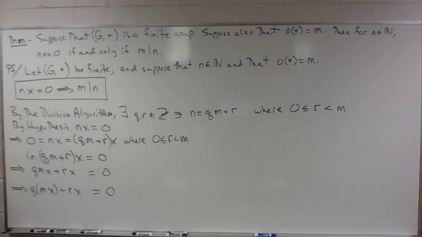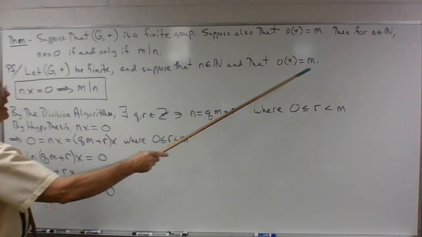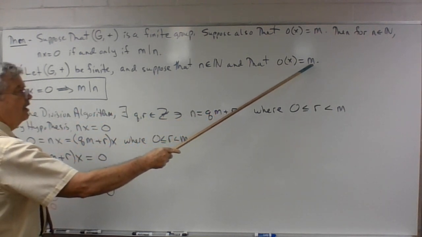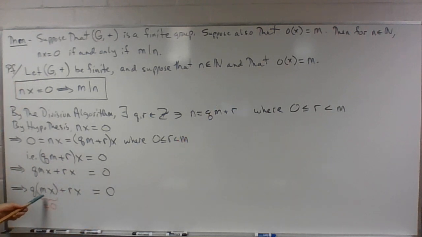And then we distribute these numbers to the element x: qmx plus rx. And then we associate m with the element x first. And son of a gun, what is this? mx is the identity, right? As a matter of fact, by our hypothesis, m is the smallest natural number such that m times x is the identity, or 0.